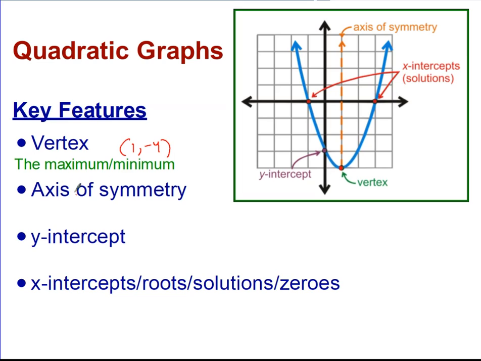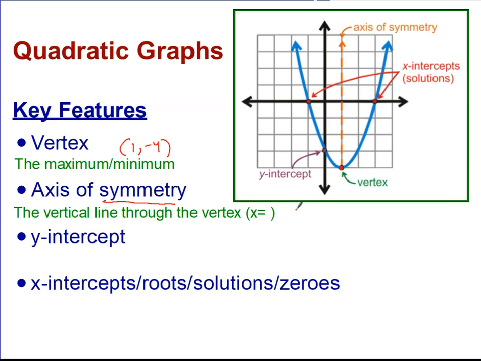Another key feature is the axis of symmetry. So hopefully you know what this word symmetry means. Symmetry means that if you cut a shape in half, one side is the mirror image of the other. The axis of symmetry is the line that acts as that mirror. It cuts the shape in half. And the way you find it is that it is a vertical line that goes through the vertex. So we can see it's this dashed line here.